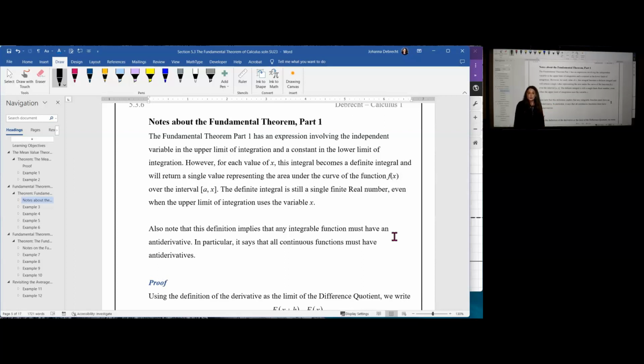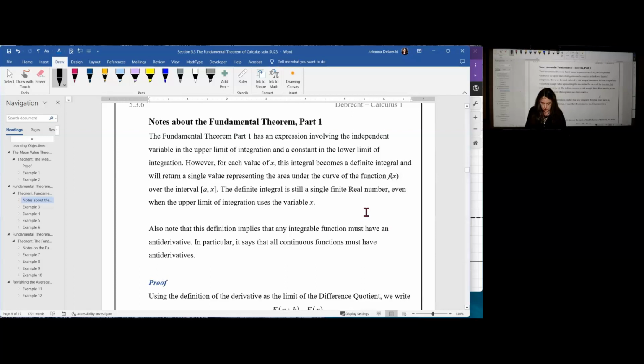And in particular, all continuous functions must have an antiderivative. Again, continuity is such an important condition of a function. If a function is continuous, it does have an antiderivative.